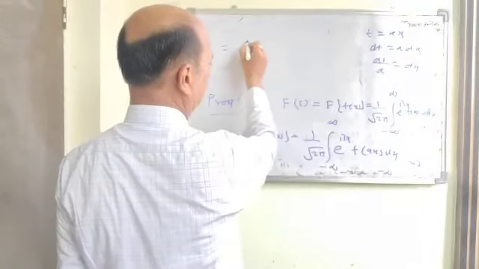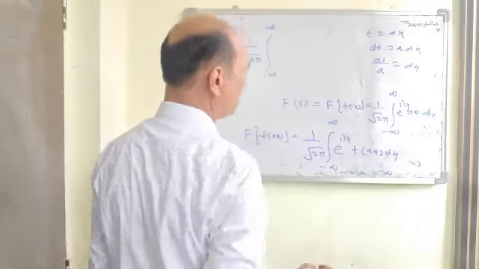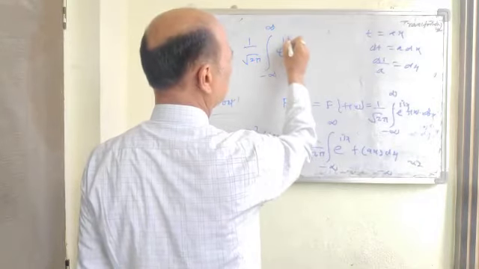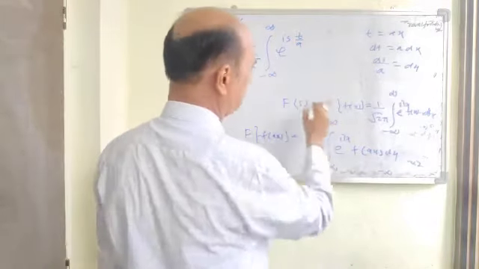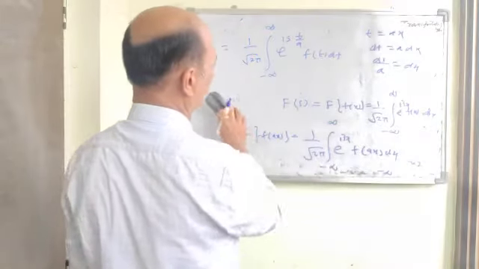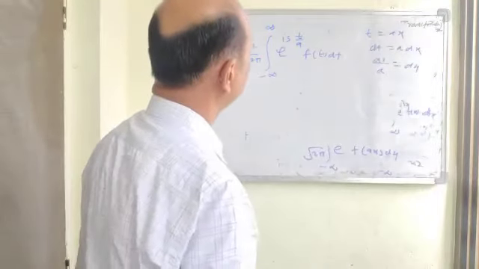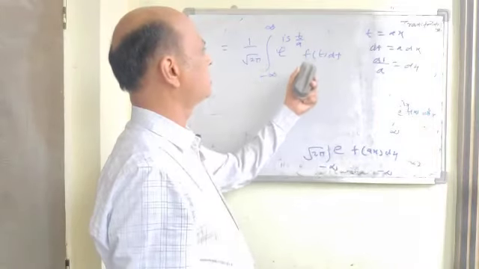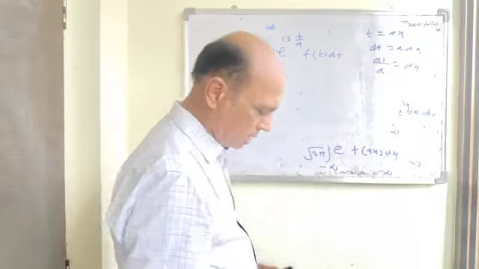Then we get 1 upon root 2 pi integration from minus infinity to infinity, and here e to the power is, in place of x that will be t by a, f of t dt by a.